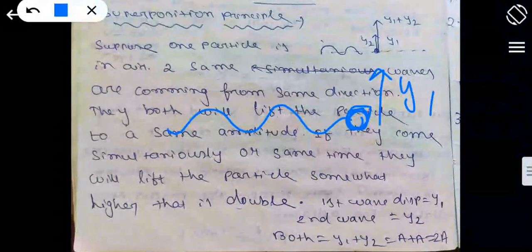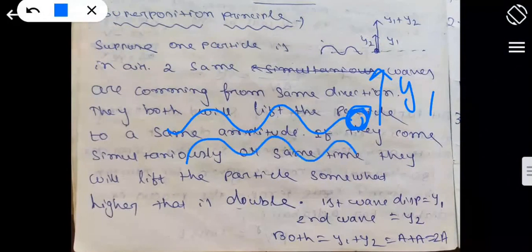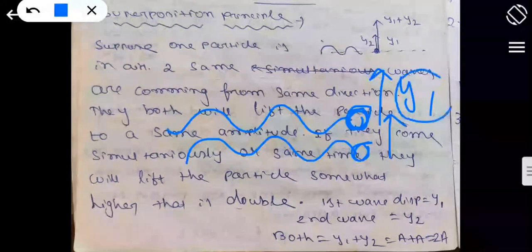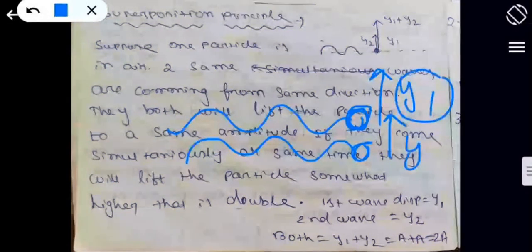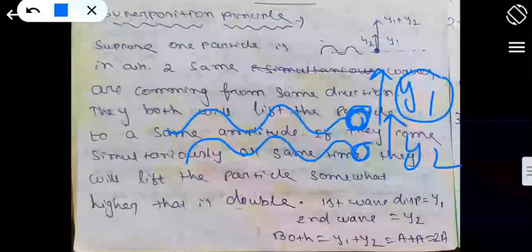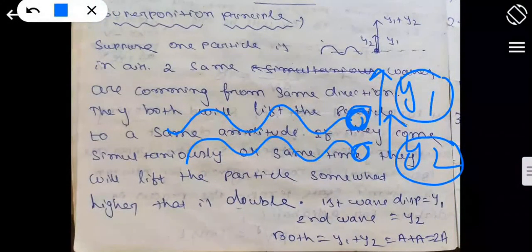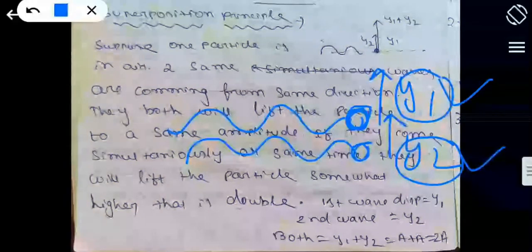If another similar wave, with the same frequency and same direction, also comes after some time, it will also take it to the same height as y1, because the wave is the same and the particle is the same. Y1 and y2 are both the same. How much amplitude will both of them produce?